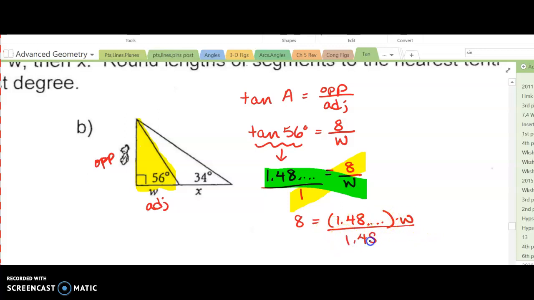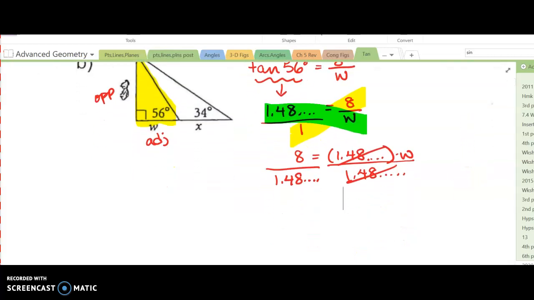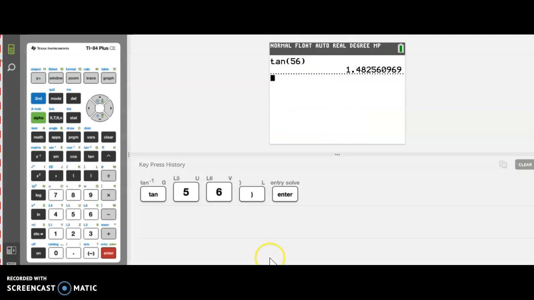We're going to divide both sides by that 1.48. Okay, and so this is another one of those where you're going to want to copy and paste that 1.48 in your calculator. So in my calculator, I've already got the tan 56.